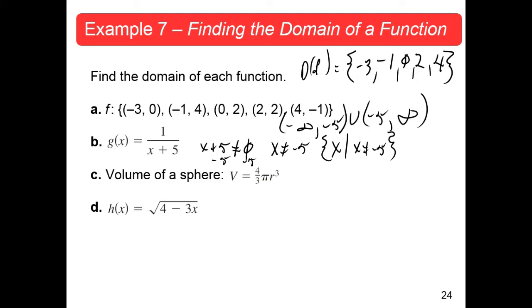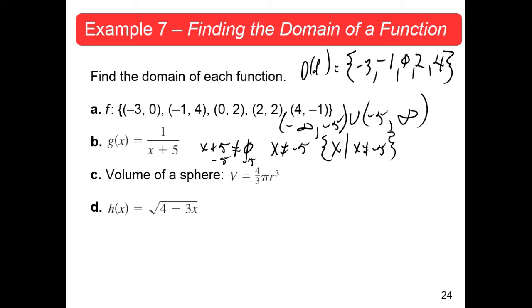The input is your radius. Your output's your volume. Give me a radius, I'll calculate the volume using this formula, right? So what's your domain for that function? All real numbers, okay? Give me a real number. Make up one. 5, okay? That you can get the volume there.